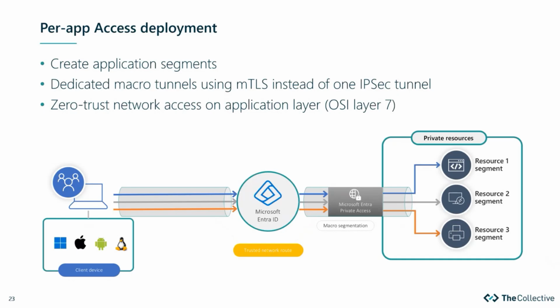And when the user tries to access an application that is privately hosted, Global Secure Access recognizes that, builds an MTLS tunnel, and once the user closes the application, the MTLS tunnel is also closed again. Again, making sure that the tunnel is only opened when the user is actually still secure and inside the security policies defined.